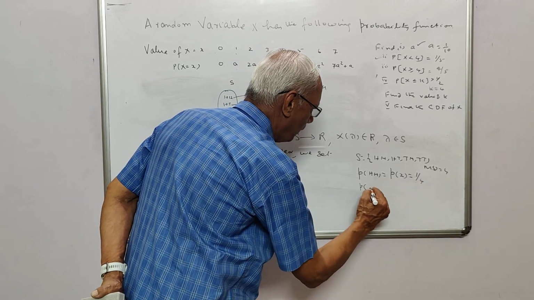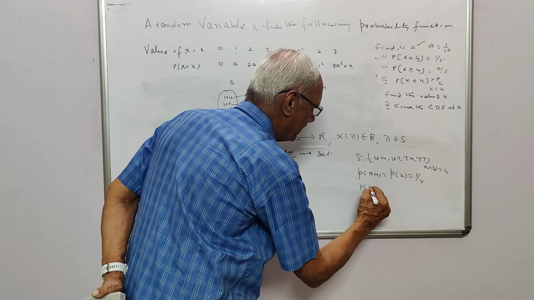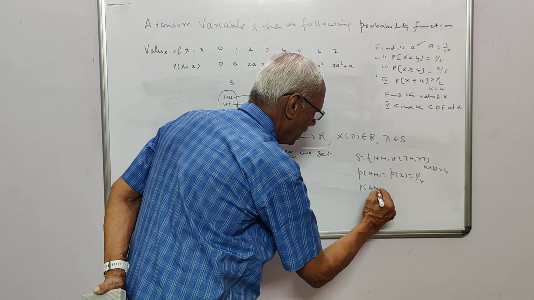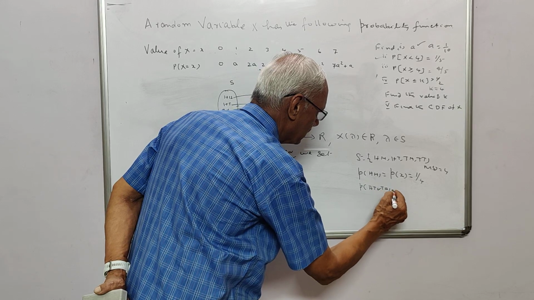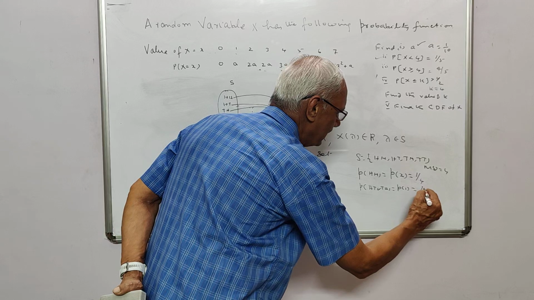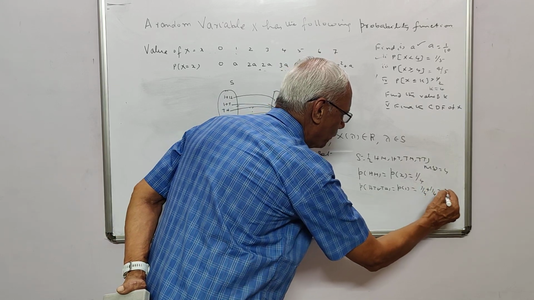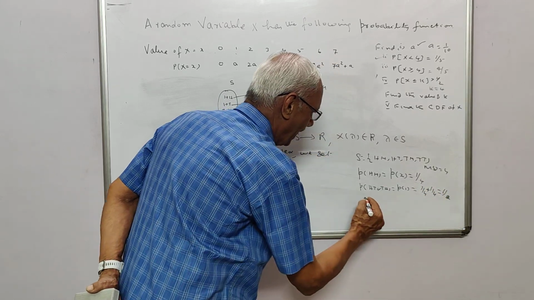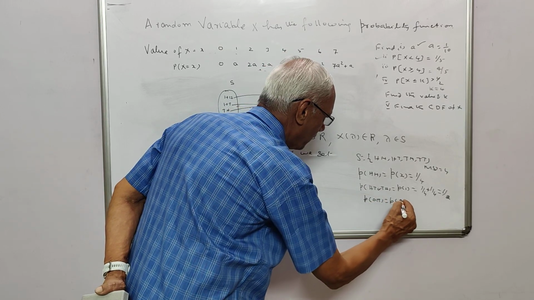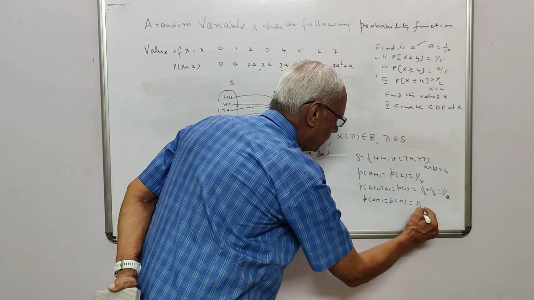So probability of 1H, that is HT or TH, that is equal to probability of 1, that is equal to 1 by 4 plus 1 by 4, that is equal to half. And probability of 0H, that is equal to probability of 0, that is equal to 1 by 4.